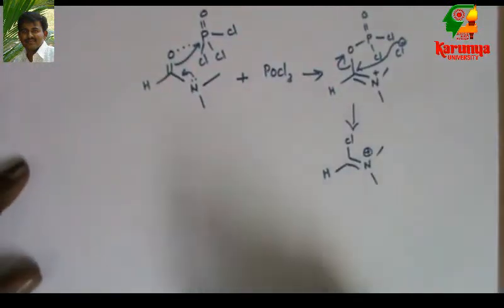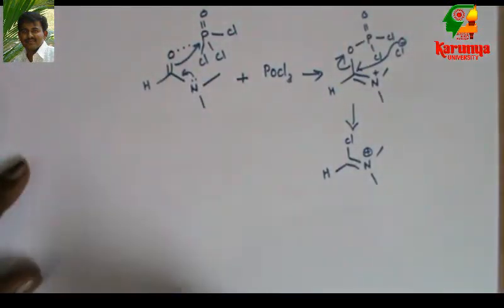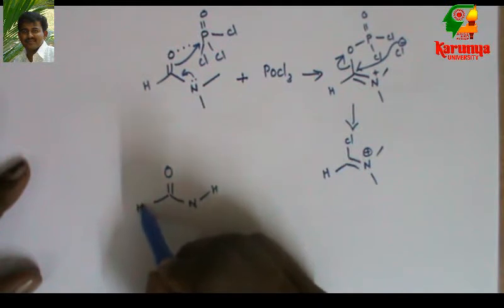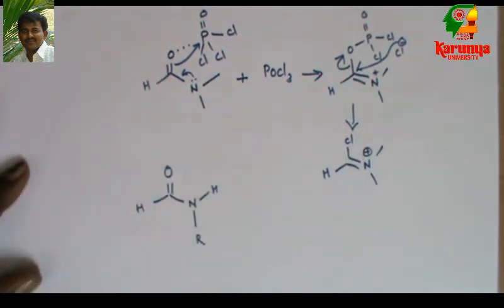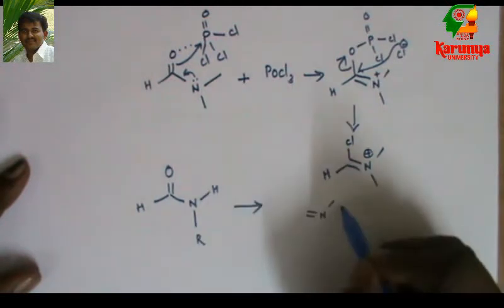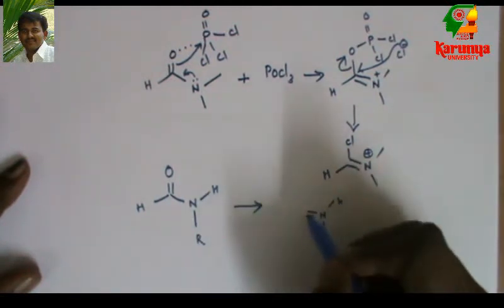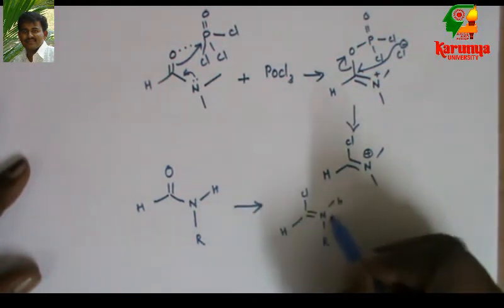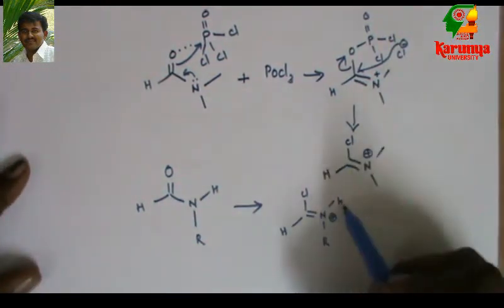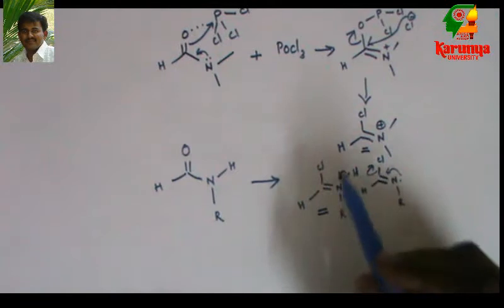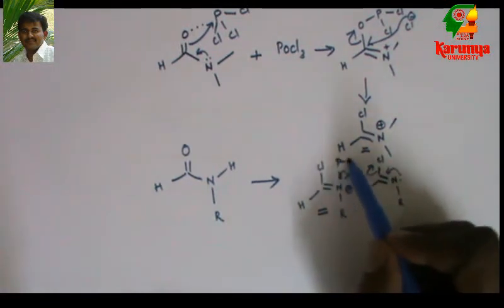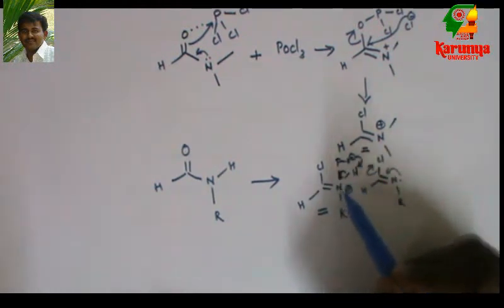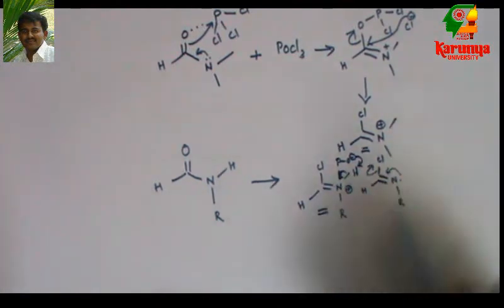In our problem, it is not N,N-dimethyl. Instead of that, we have NH like this. In such a case, we may get a similar product like this. Instead of methyl, I have hydrogen. Now, the PO minus, whatever got eliminated, takes this proton and this bond falls over nitrogen to give this intermediate.